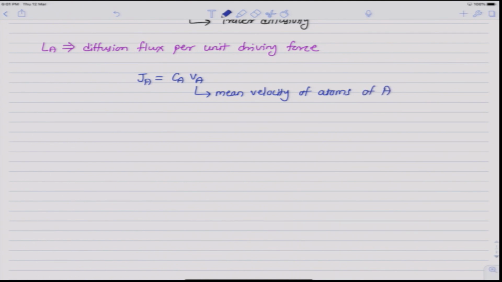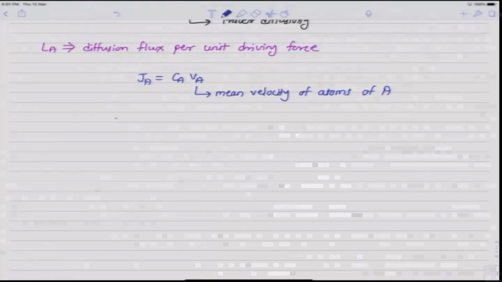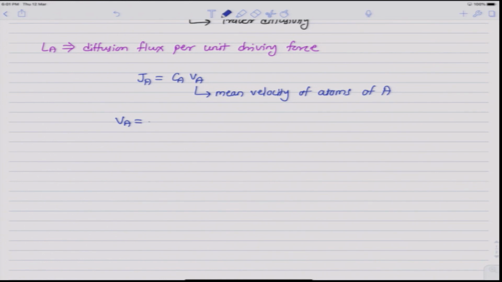Now, this velocity can be considered to be proportional to the driving force, and it is related to the driving force through the term called mobility. So, we can write Va is equal to minus ma times dou mu a by dou x.